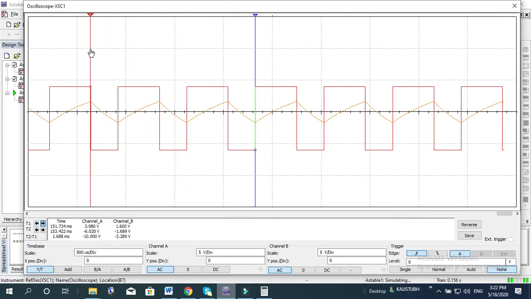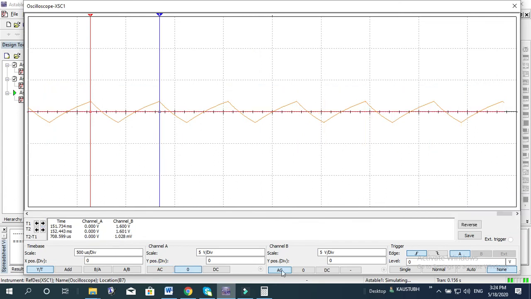This is the maximum voltage at which it charges, so it is channel B. As it is in AC, to get the actual voltage you should put the CRO in DC.